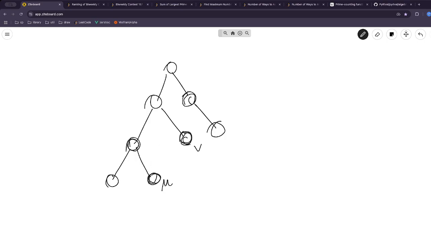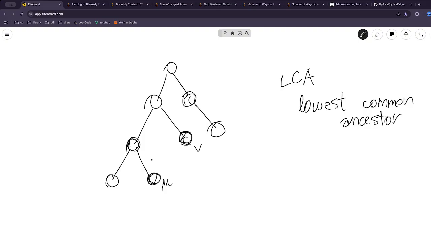So paths on trees always go through what is called the LCA, which stands for the lowest common ancestor, right?